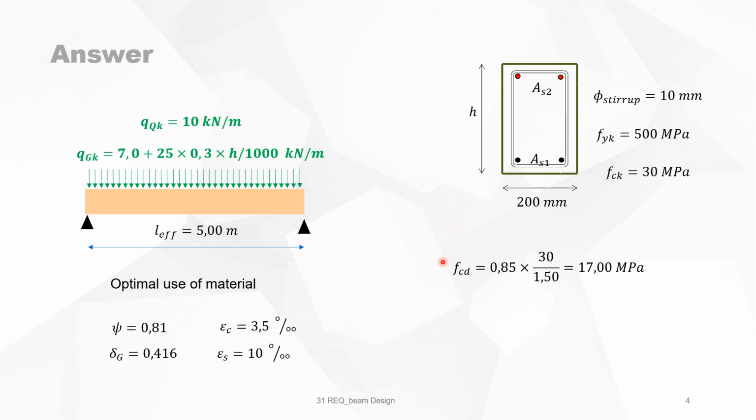The design value of the concrete compression stress is equal to 0.85 times 30 divided by the material factor 1.5, which gives you 17 megapascal.